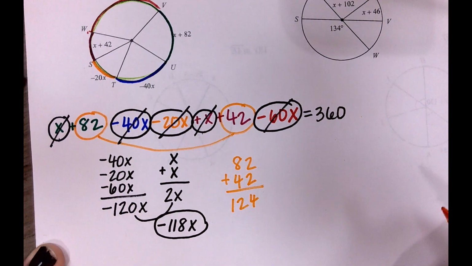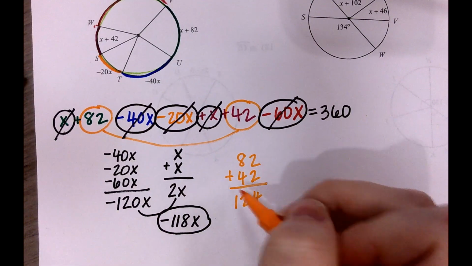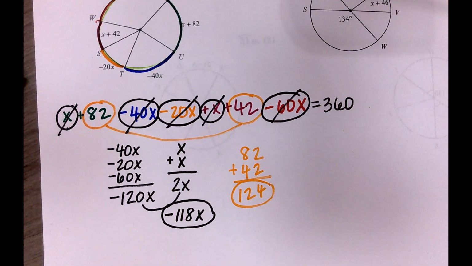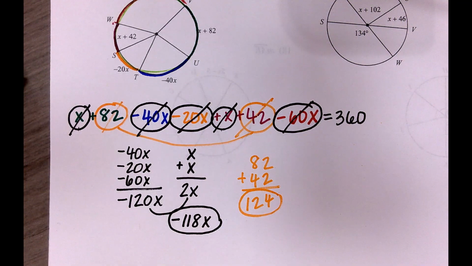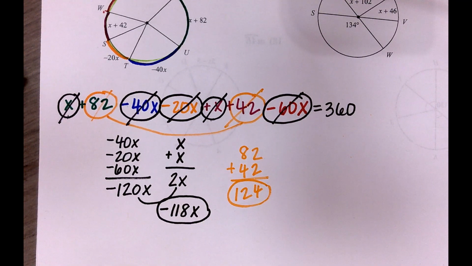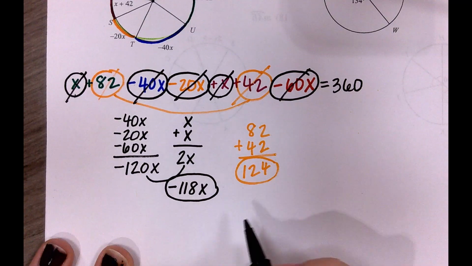I got 124, is that right? Perfect. Okay, so I combined all my like terms. What equation will I have now?